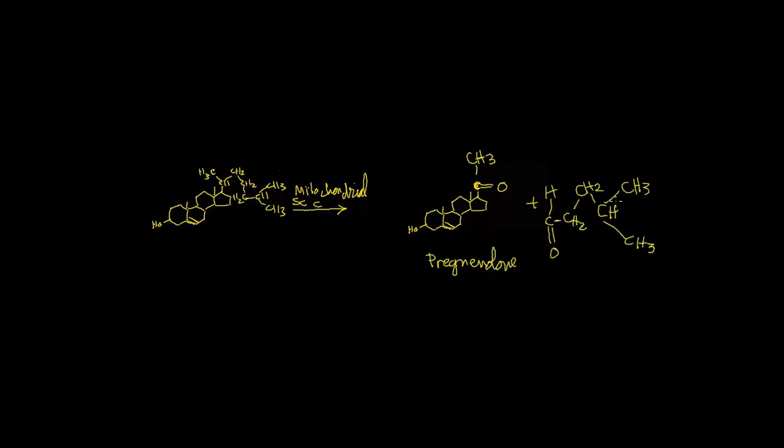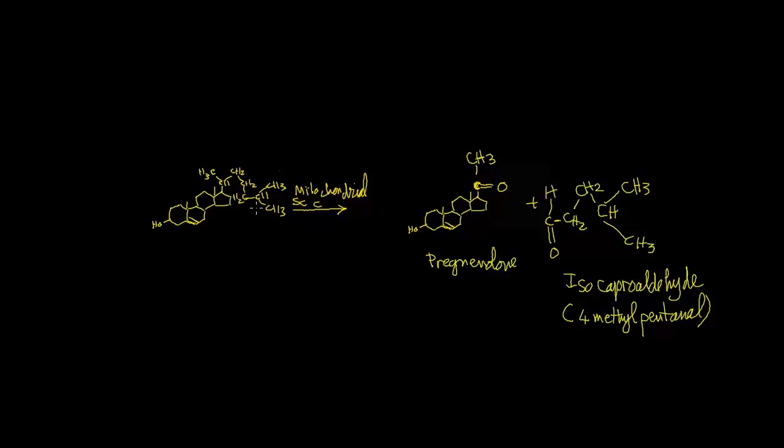So the first step is the irreversible rate-limiting step of side chain cleavage, and the cleavage occurs between carbon atom 20 and 22. So the product is the 21-carbon pregnenolone and the 6-carbon isocaproaldehyde. Another name for it is 4-methylpentanal.